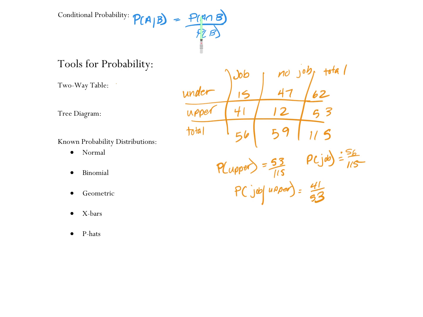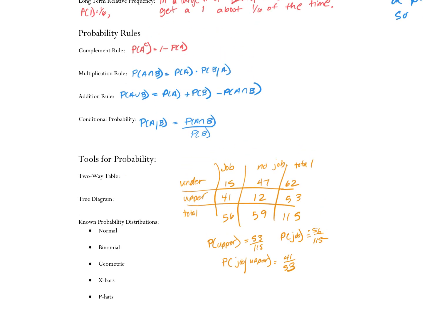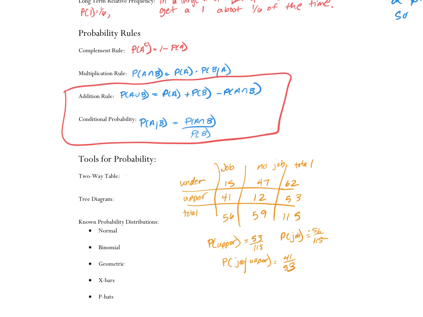So we would do job and upperclassmen, which is the 41, over just upperclassmen. So that's why it's 41 out of 53. This formula can help us. Everybody good? So probabilities from a two-way table, feeling okay? Is that on the formula sheet? This one? Yeah. Those two are on the formula sheet.